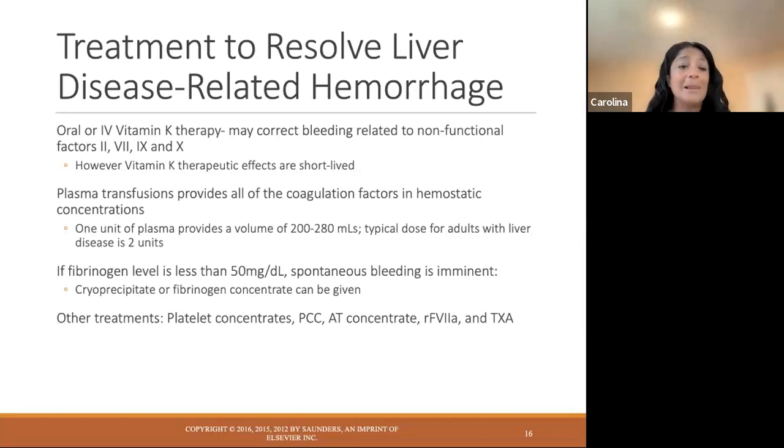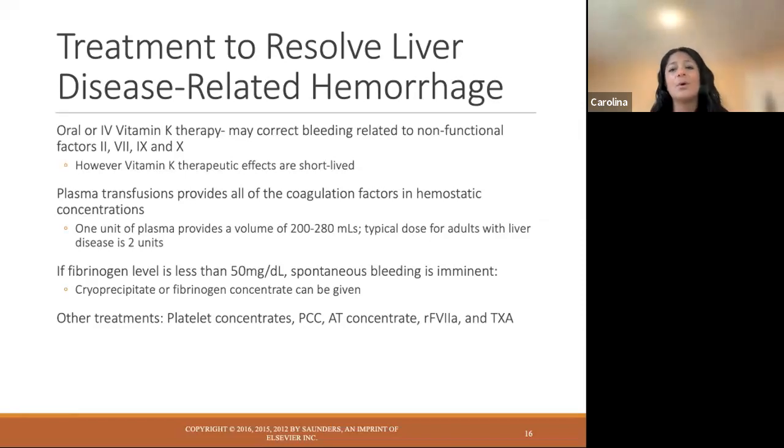Other treatments are platelet concentrates. Okay, PCC stands for non-activated prothrombin complex concentrate. So there's a series of concentrates that can also be given to the patient. There's also antithrombin concentrate. You have recombinant factor 7-8, which is activated factor 7, and TXA.